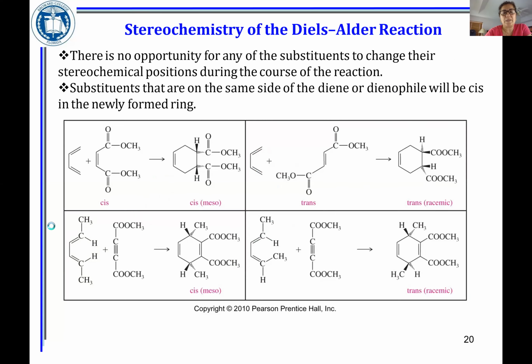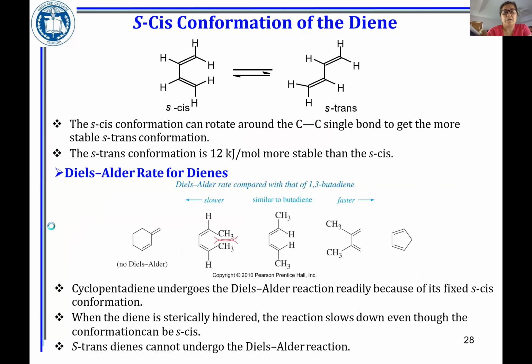If you were going to make the hexadiene to be a part of the Diels-Alder reaction, then your hexadiene should be in this shape. Yes, this hexadiene can go, and it can actually make a new ring, as long as it's cis.